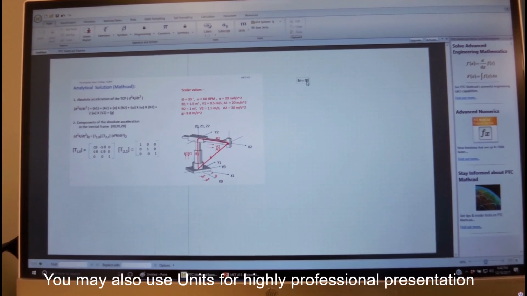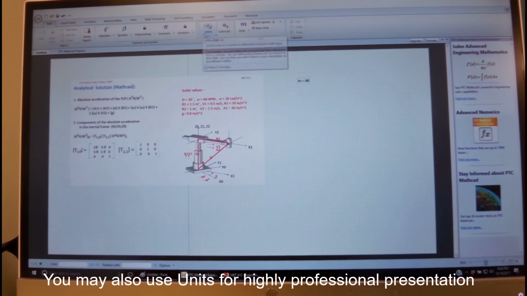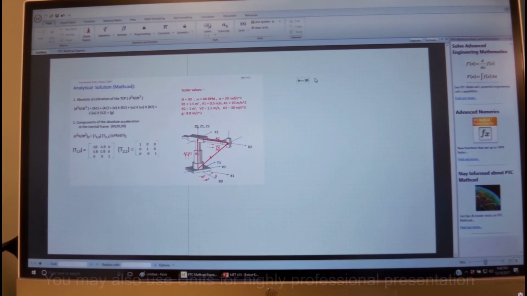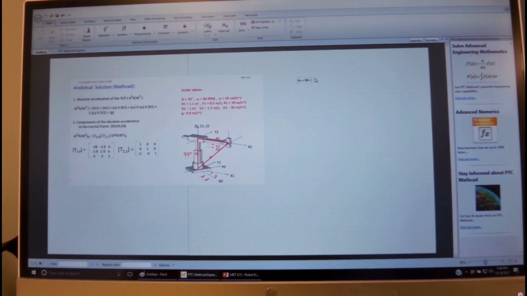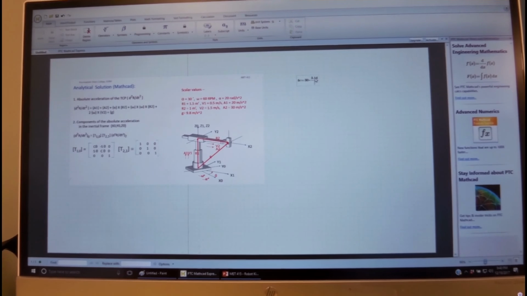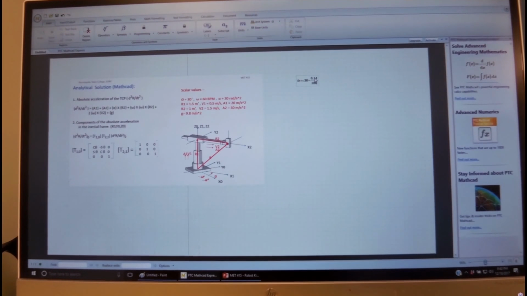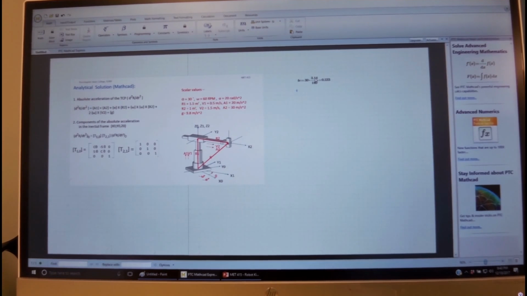We can also use different units, but what I'll do is the conversion just to save time, converting this to radians by multiplying by 3.14 and dividing by 180, and this is what it is in radians.